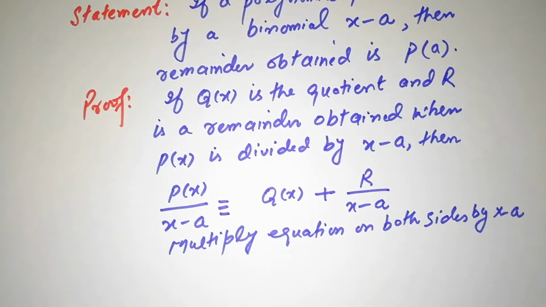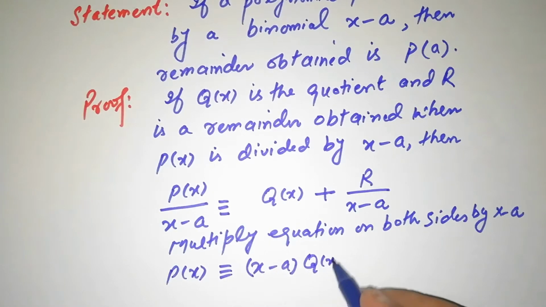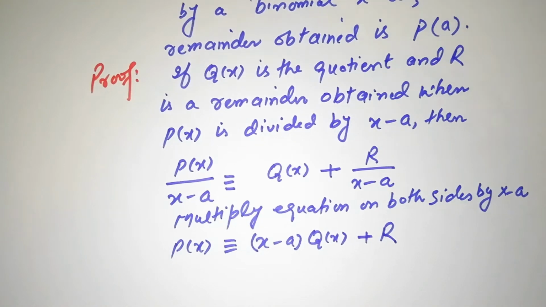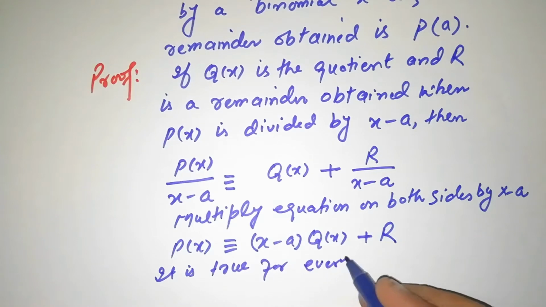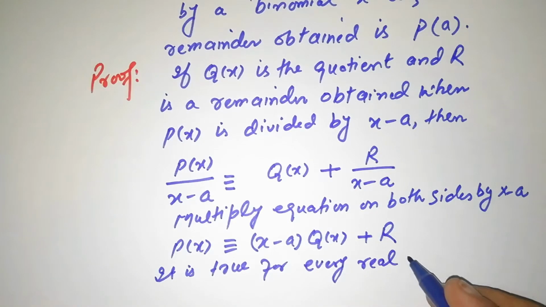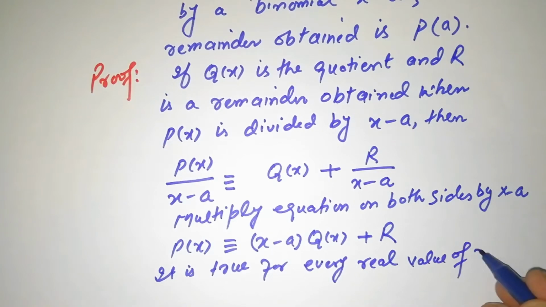Therefore when we multiply this identity by x minus a, we have p(x) is equivalent to (x minus a) q(x) plus the remainder. So students, this identity is true for every real value of x.